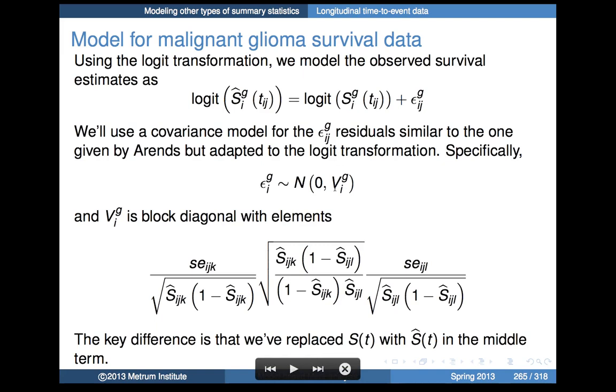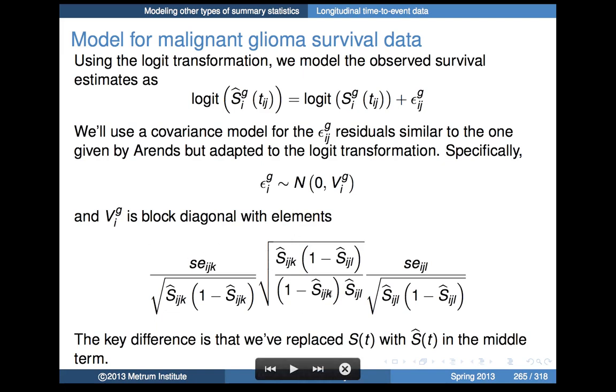So VIG is now our variance covariance matrix for observations within the treatment group G and study I. VIG here, the way I've defined it, isn't really block diagonal. VIG is a sort of full block matrix, if you will.